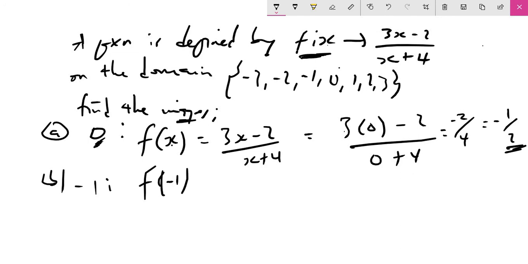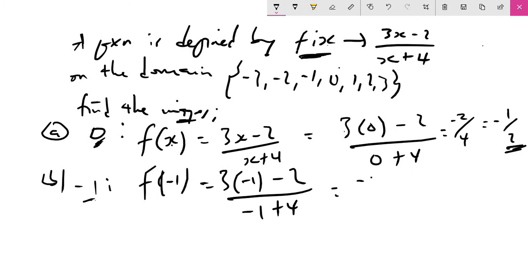So you see, I just put in this here to show that I'm going to substitute the minus 1 directly. So I say (3 times minus 1 minus 2) divided by (minus 1 plus 4). And this is equal to (minus 3 minus 2), which is minus 5, divided by (minus 1 plus 4), which is 3. So this is the image of minus 1.